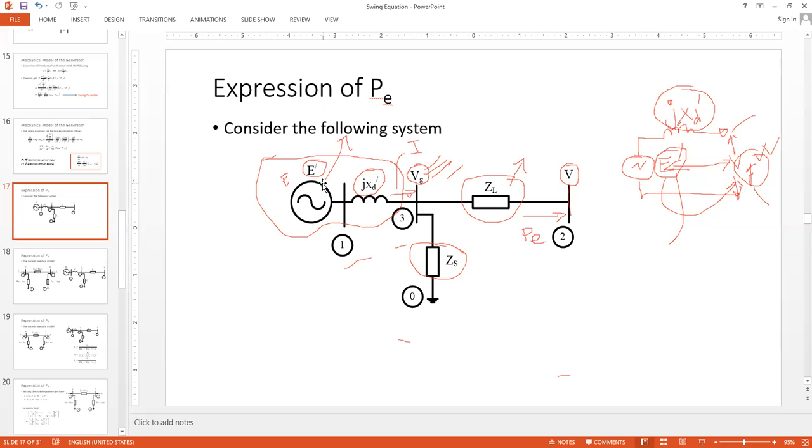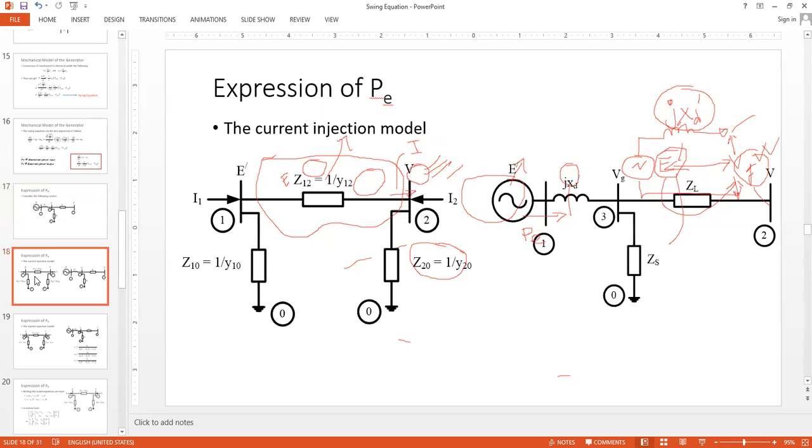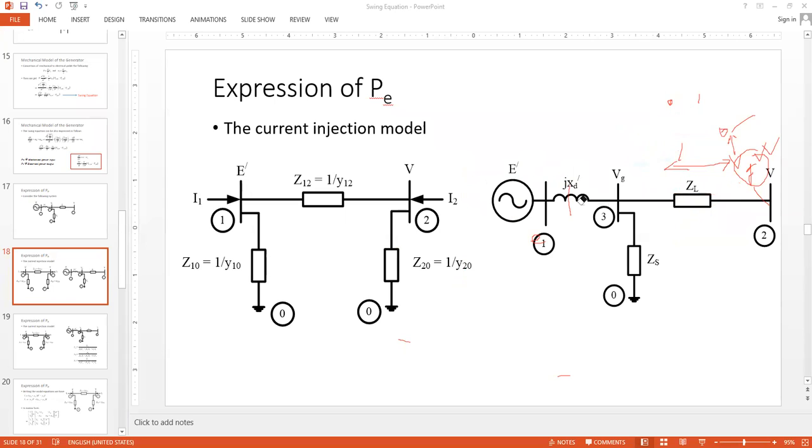So these are voltage representations of the network with the voltage source. We can also replace the voltage sources with the equivalent current sources. So we can have the injection model instead of the voltage source model, represented on the right side of this slide.